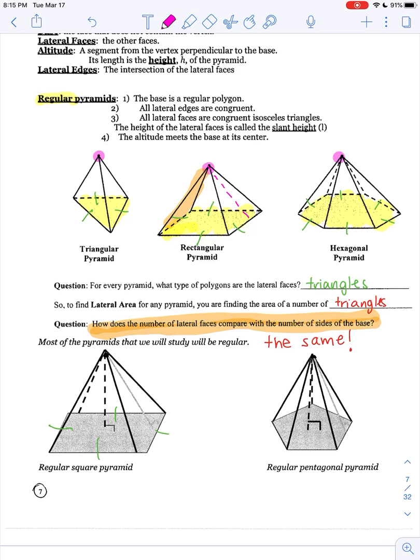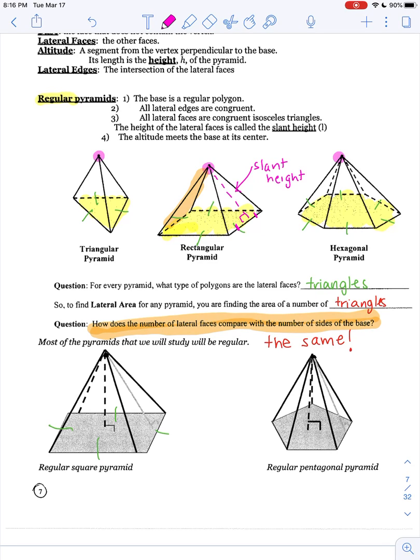You see that this is the height of that particular lateral face. Keep in mind that right here, that's the slant height. And the slant height happens to divide the base so that this segment is congruent to this segment. So we want to keep that in mind.